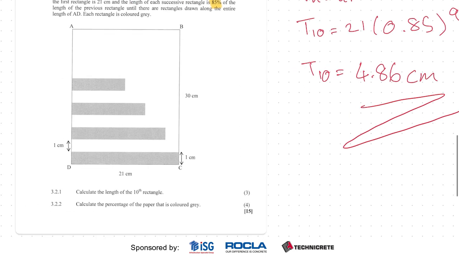Okay, calculate the percentage of the paper that is colored gray. Wow. Okay, this is a tricky question. We're going to have to think a bit on how to do this. So what can we do?